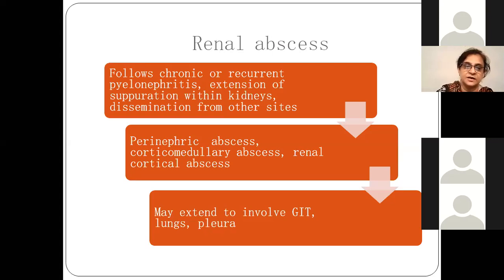Then within the kidneys, renal abscesses can form within the cortex or the medulla, so corticomedullary abscesses or cortical abscesses can be there. And at times they can even extend into the gut, or extend upwards into the lungs or the pleura.